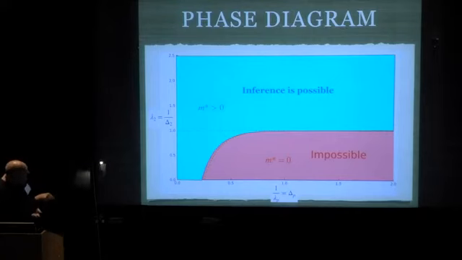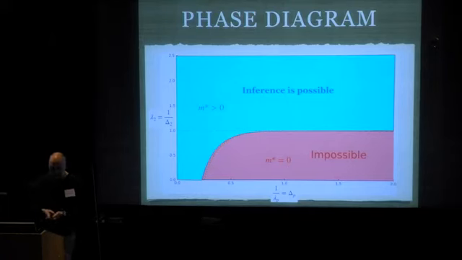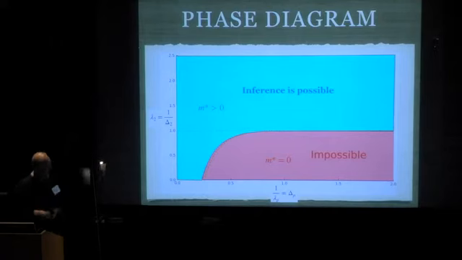And now you have these lines here, which actually go up to this point, which is 1, 1. In all this region, we know that some inference is possible. Okay? You can get something, and if you go in this direction, then you go toward the perfect reconstruction. Right? So we have this region where we know it's theoretically possible to learn something.